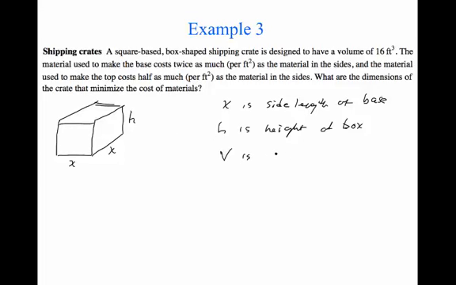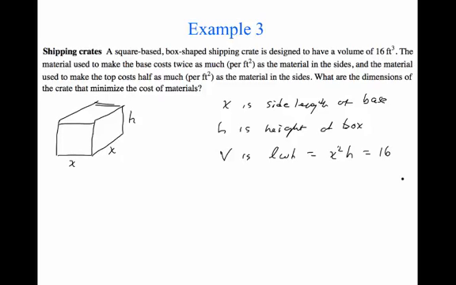The volume would be length times width times height, or with our variables, x squared h. What else do we know about the volume? Changing or constant? The volume is constant. We want the box to have a constant volume of 16. So in terms of our x and h, x squared h would be 16.